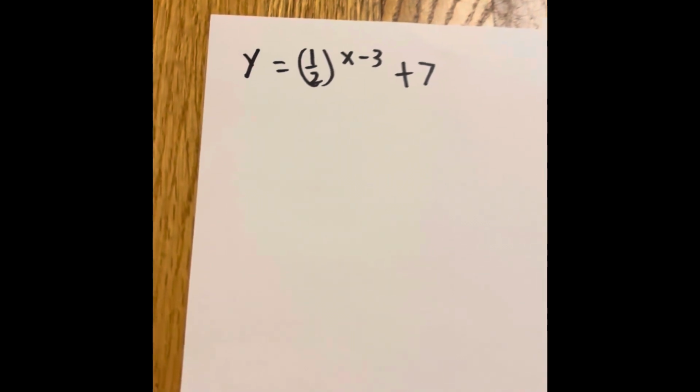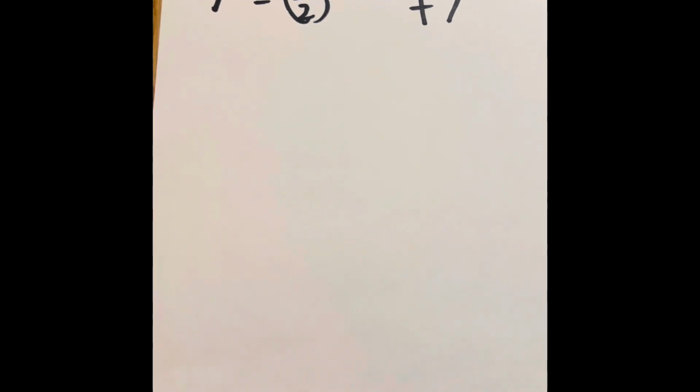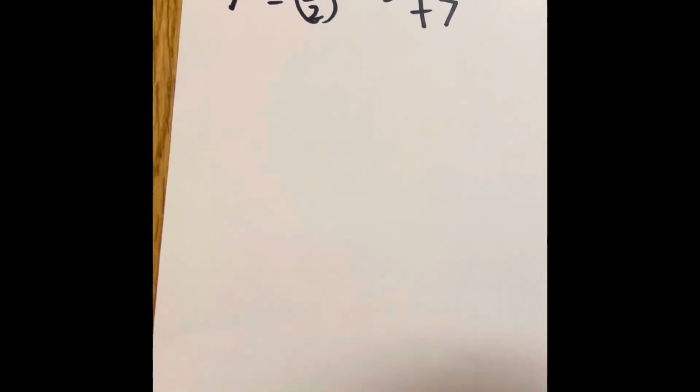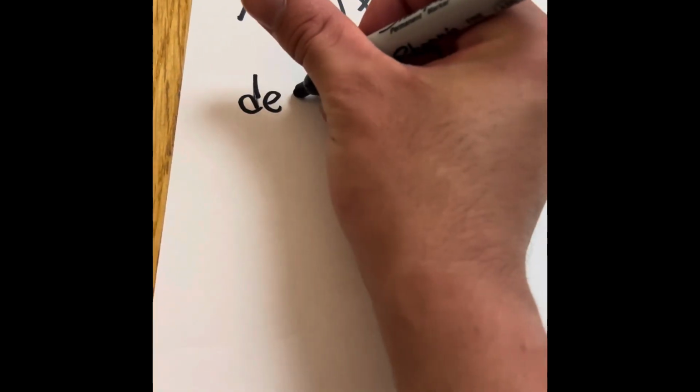So let's start. There are 4 things we have to think about. We have our fraction. Is it growth or decay? Yes, it's decaying.